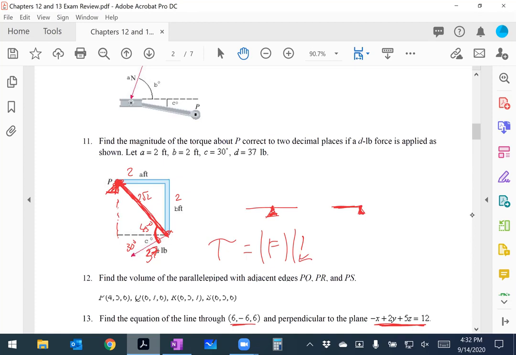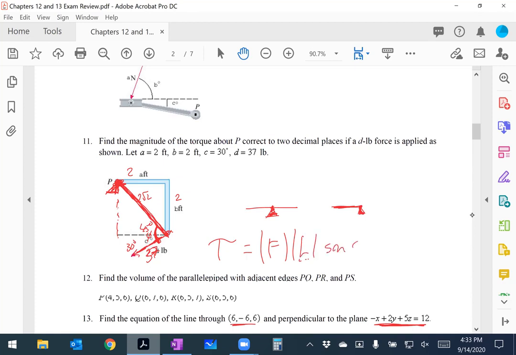Yeah, force times distance times the sine of theta, and that's the angle that my force makes with my lever. And again, this is being pulled and not pushed, so it makes a difference.